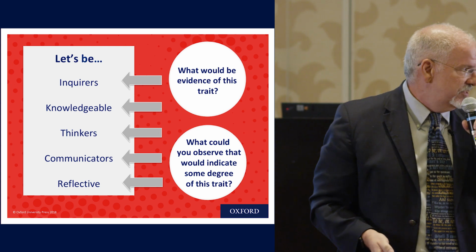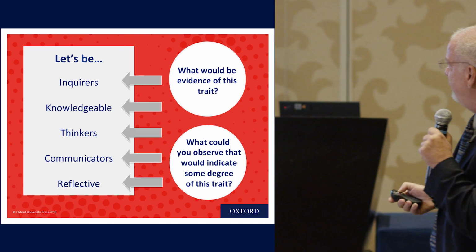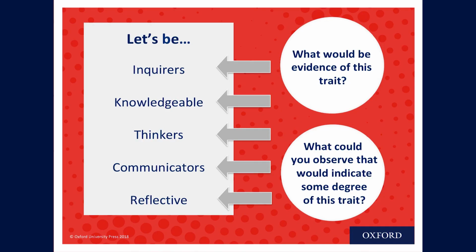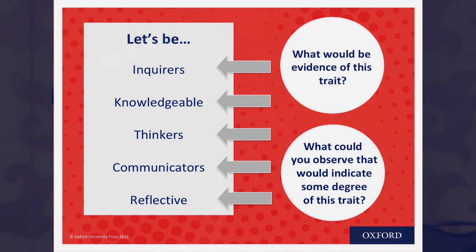So again, I'm going to ask you at your table to choose one of these other four, knowledgeable, thinkers, communicators, whichever, and briefly start identifying as quickly as you can what would be the evidence of that trait. What would you need to see, to observe? What would you specifically have to identify? Go ahead. What would be observable?